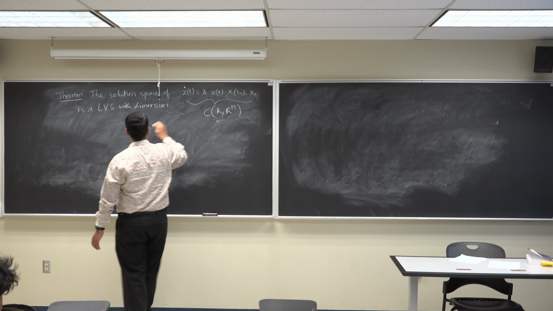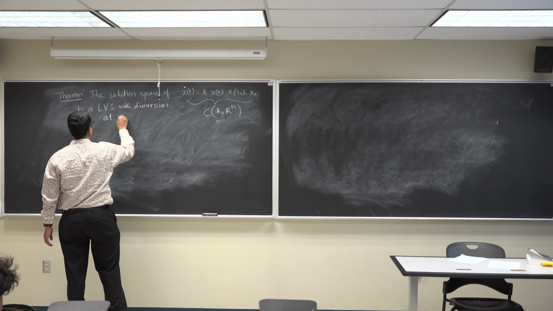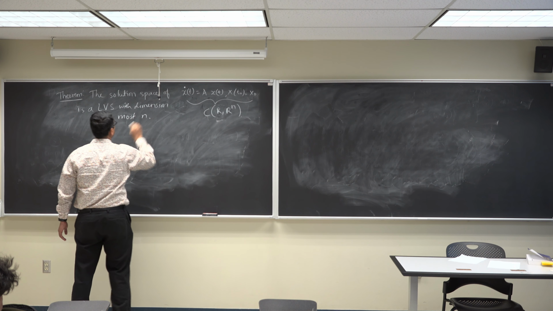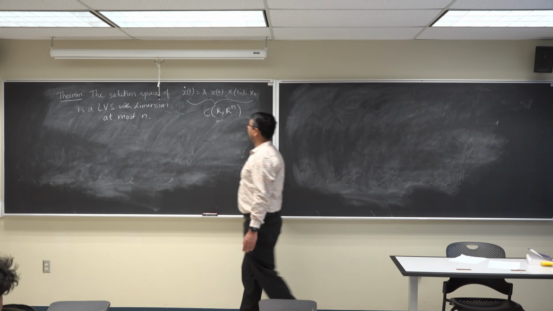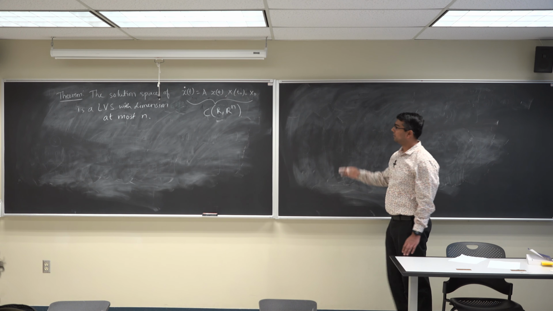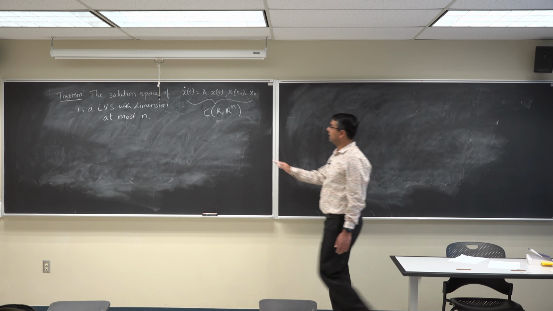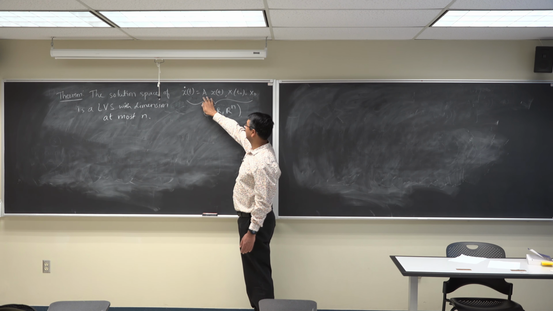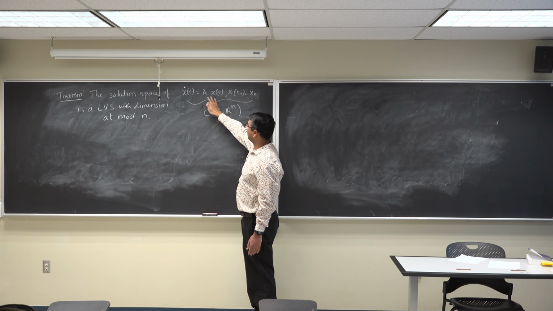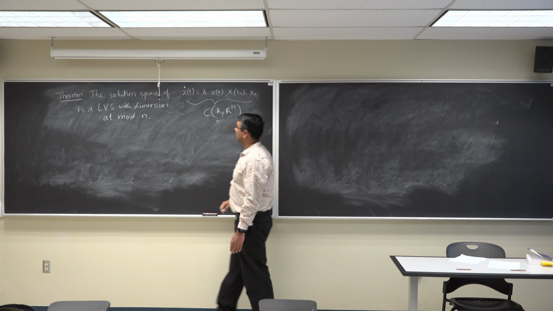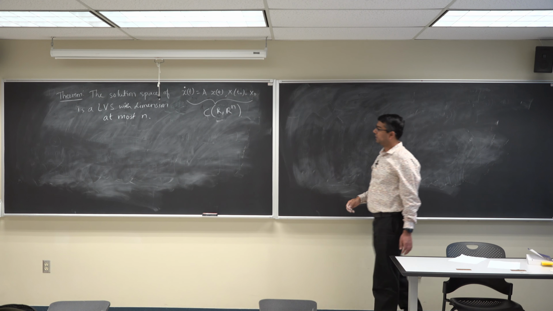Let me write it as dimension at most n. You could have a situation where A has a lot of zero entries, in which case you will have a dimension lower than n. But in the case where A has n non-zero eigenvalues, the solution space will have dimension n.